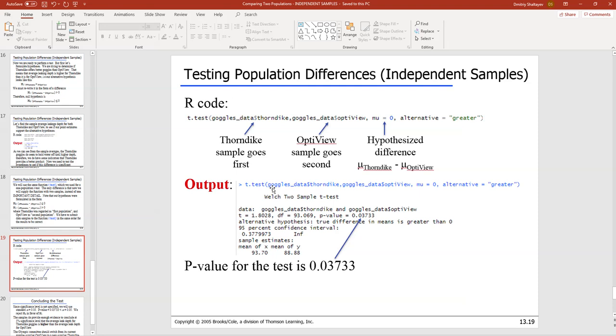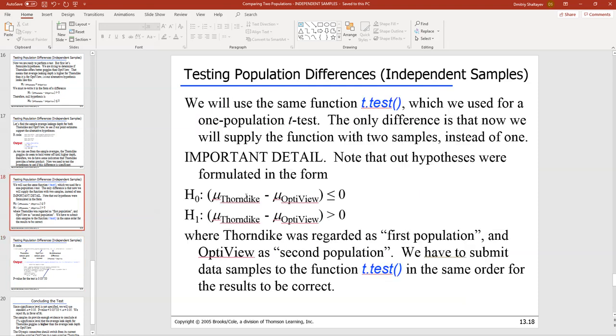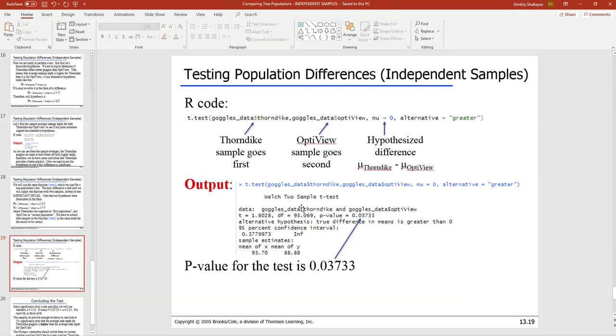But here is what's important. Remember how I recorded the hypothesis? My first, mu1, was Thorndike, and my second, mu2, which I subtracted, was OptiView. I have to supply these columns of data to the function t-test in exactly the same order.